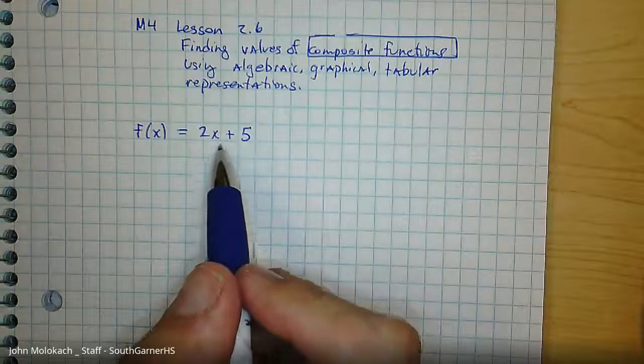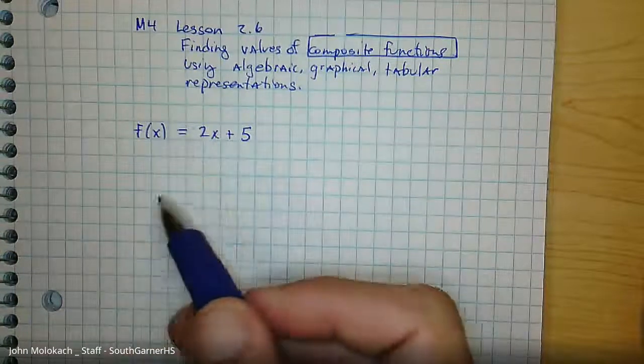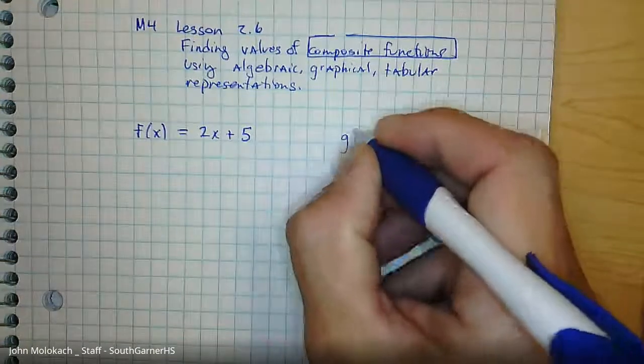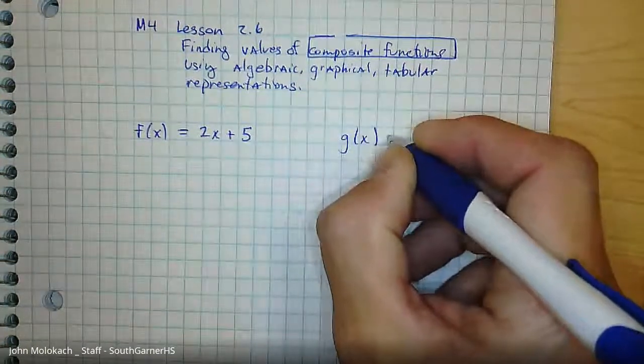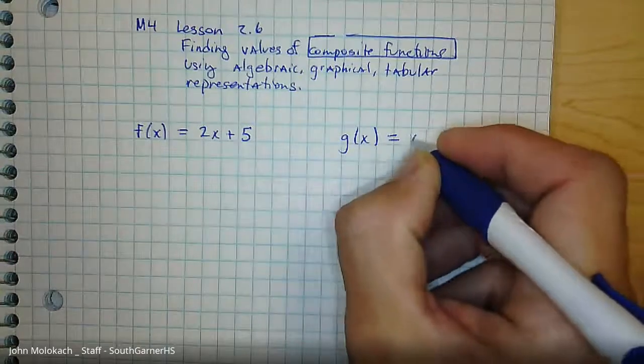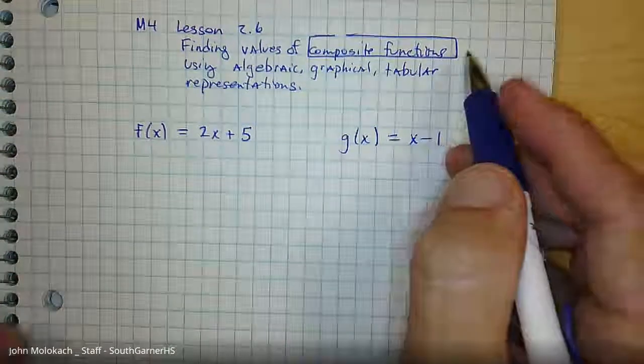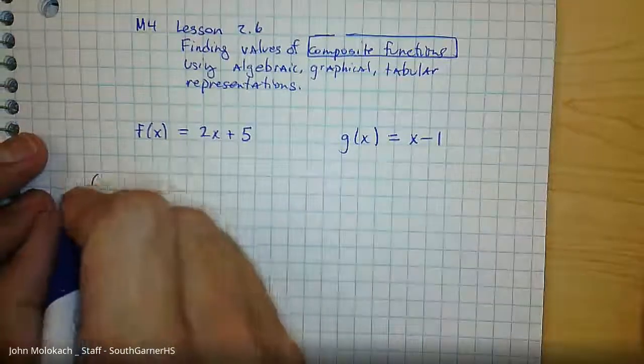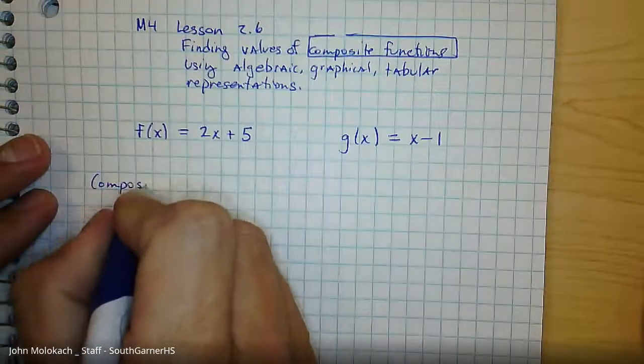So x is sort of the building block of this function. And then there's this other function called g. G is composed of x, and it's x minus 1. So what a composite function is, and I'm going to write this down, it's going to seem confusing.